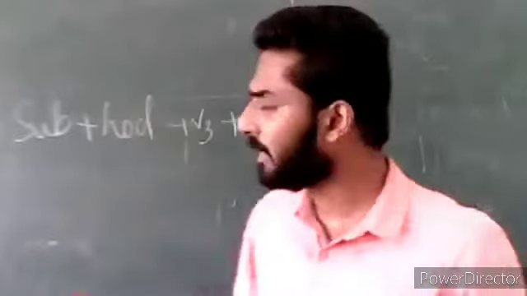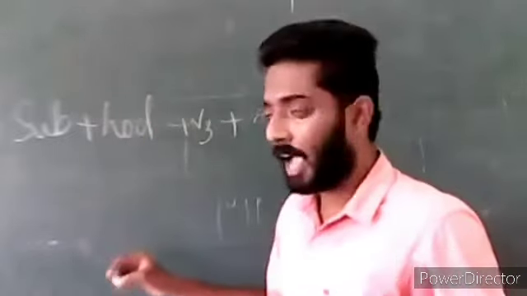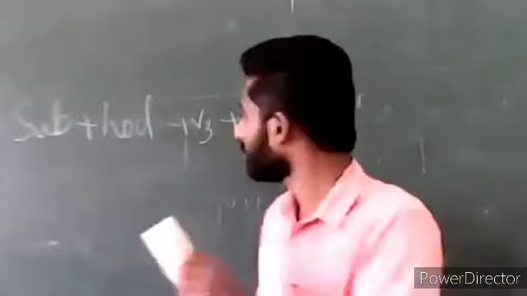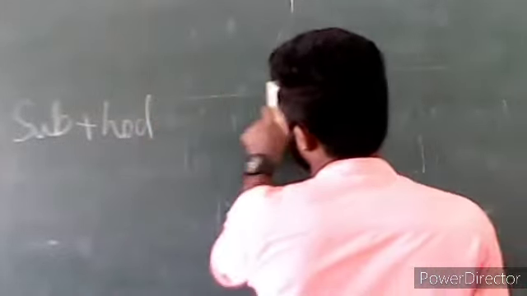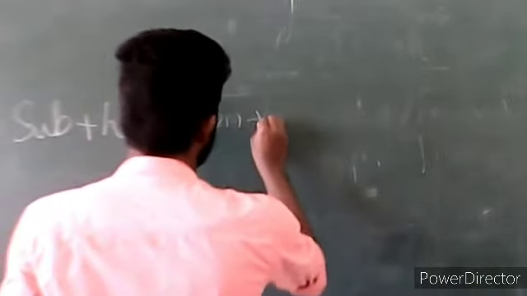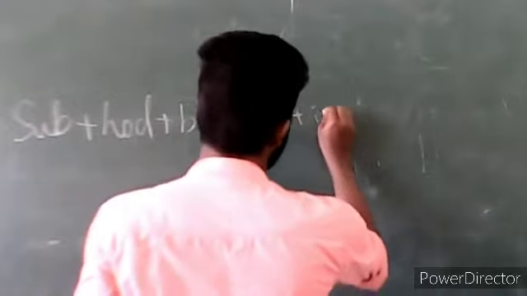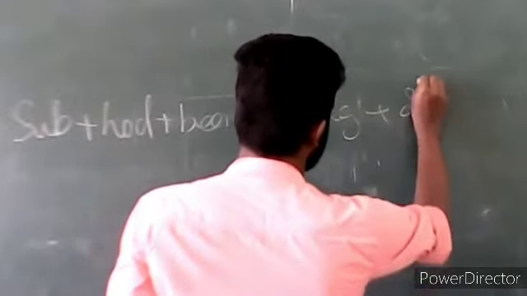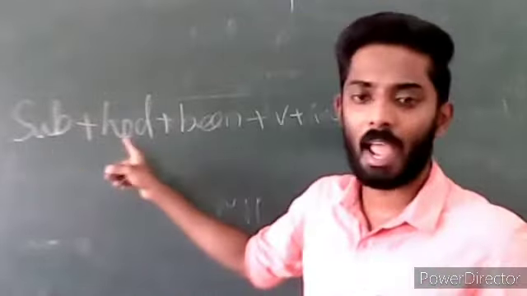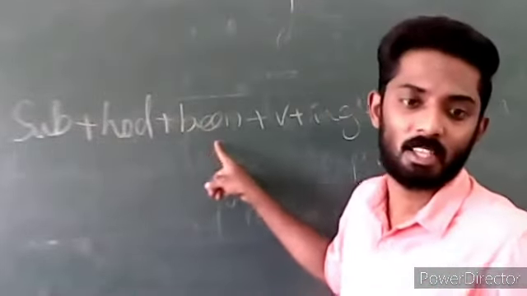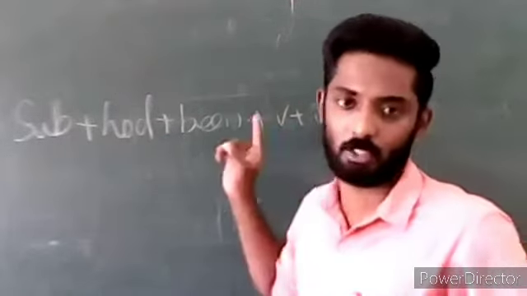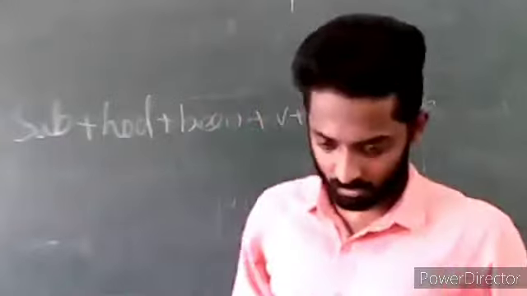Now, past perfect continuous. Here, what will be the change in the structure? Subject plus had plus been plus verb plus ing plus object. So that will be the format of the sentence.